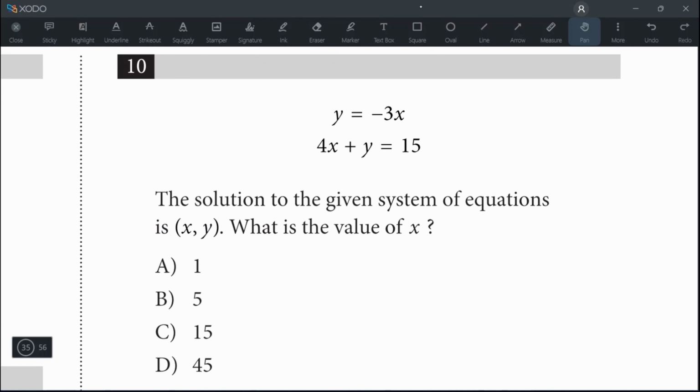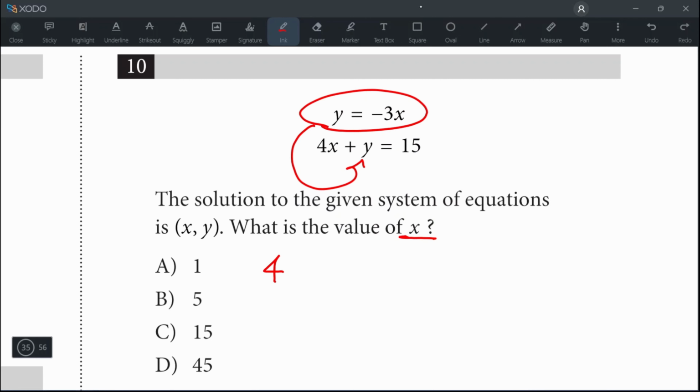Question number 10. The solution to the given system of equations is x and y. What is the value of x? In order to find the value of x, we can substitute the value of y given in the first equation into the second equation.